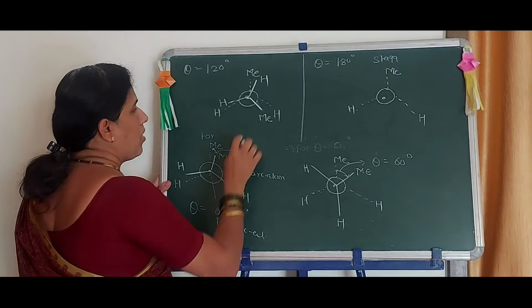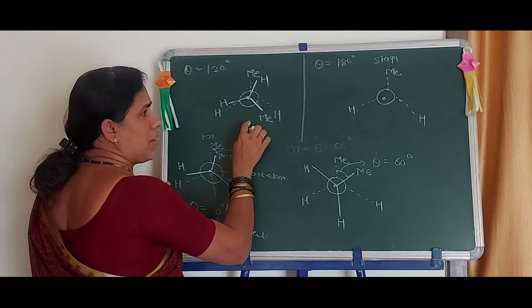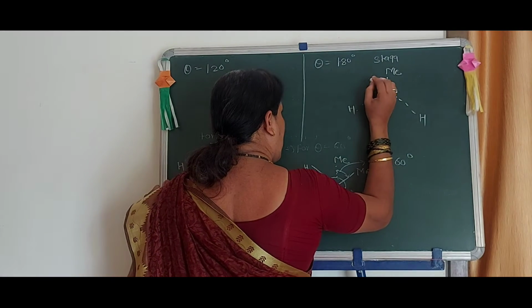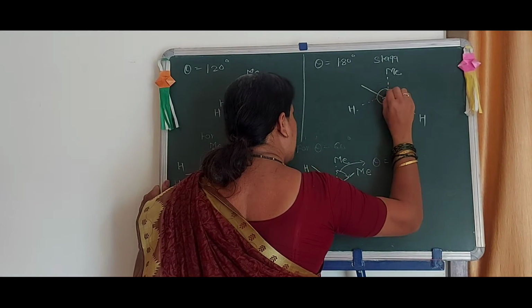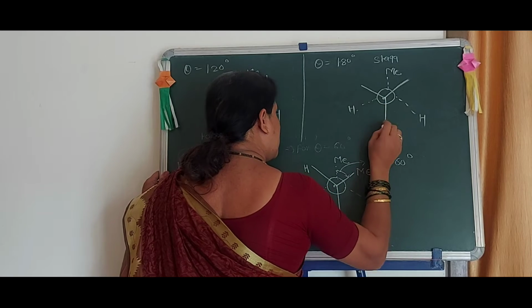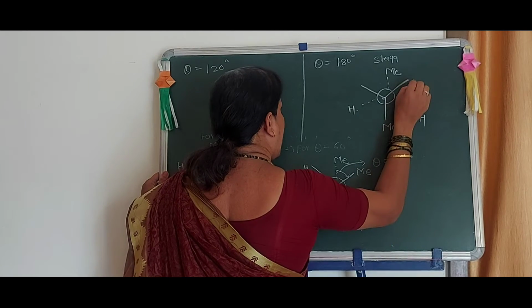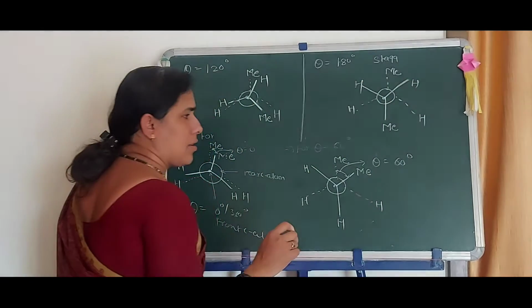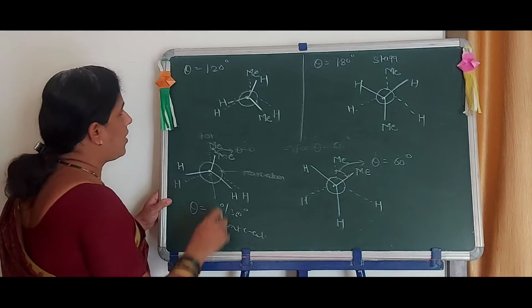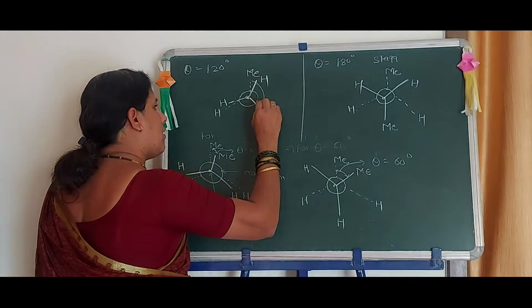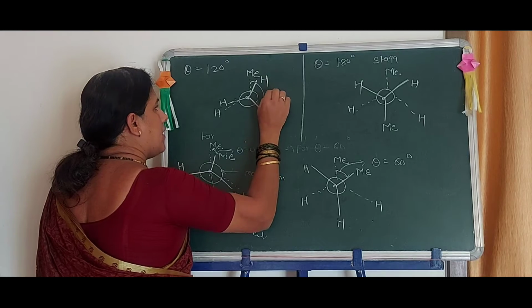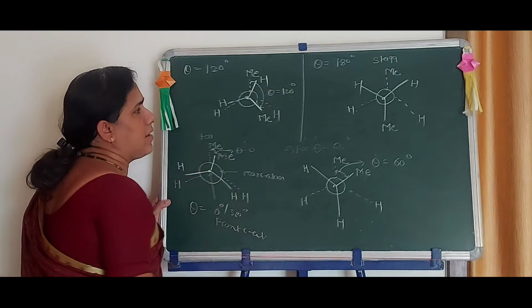Okay. Now what is happening? This Me goes on here. Therefore we have to draw here like this. Okay. Me, H, and here H. Now this angle is known as theta is equal to 120 degrees.